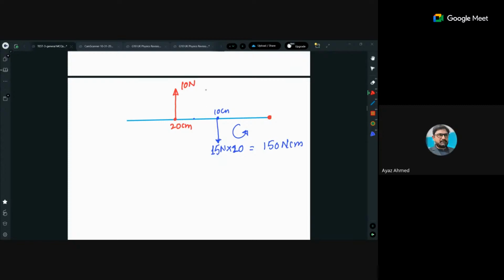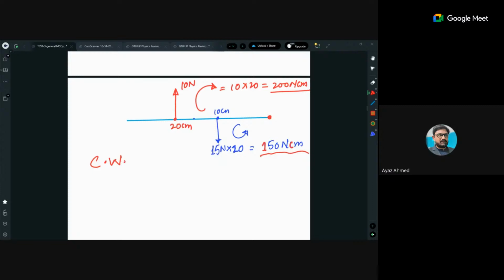So when you calculate the clockwise moment, will it be 10 times 20? So will it be 200? That'll be less, right? It is 150. Oh, it is 150. Okay, 200, okay, then fine.